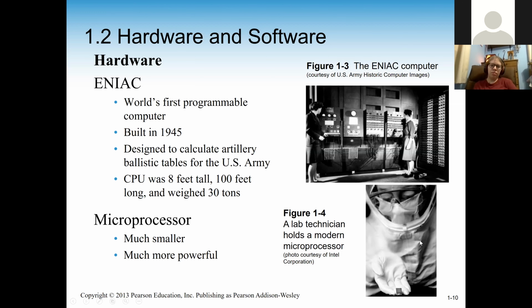The reason for that is that back in the 40s, the computers were made out of these things called vacuum tubes and relays. So these huge light bulbs, very mechanical, if you will. And so building a computer was very complex because these things were big, they got really hot. But then something happened in the 50s that changed all of that.